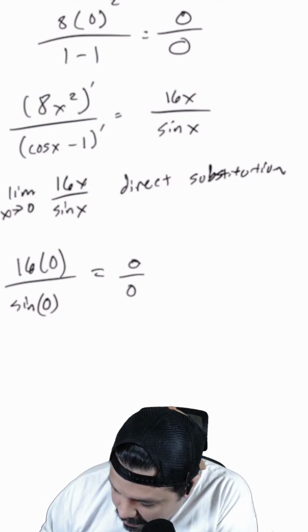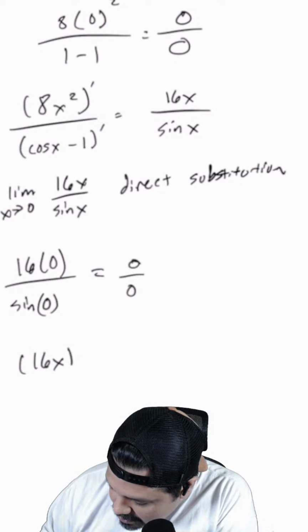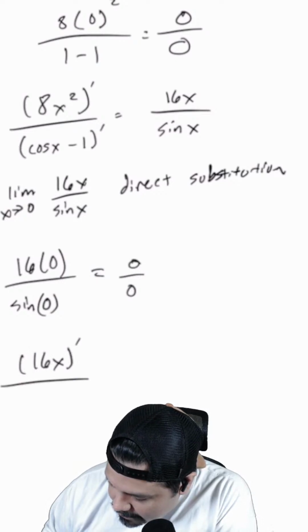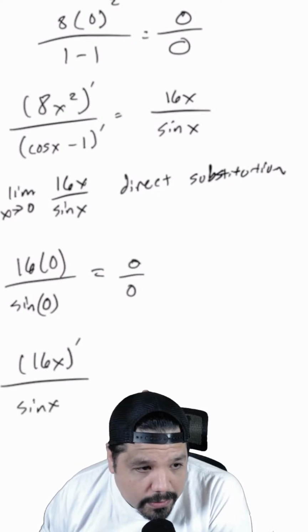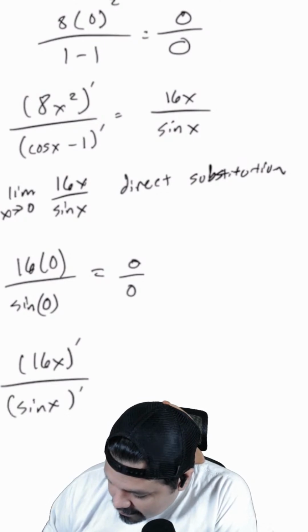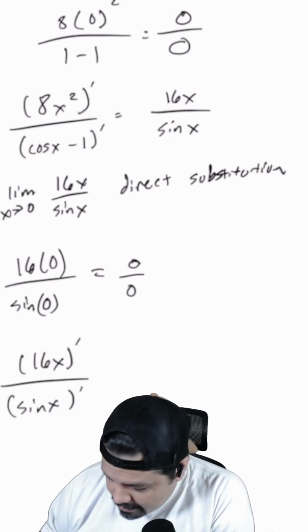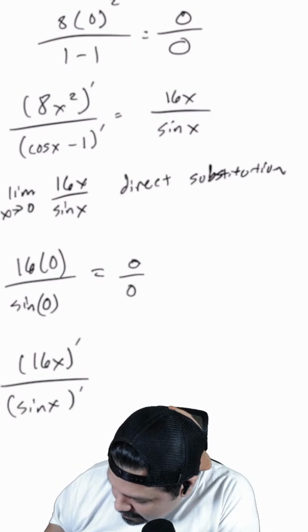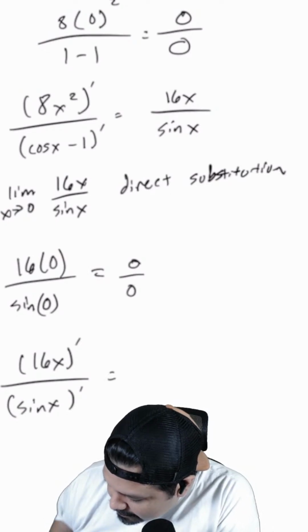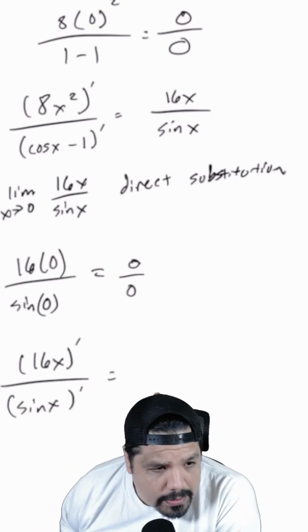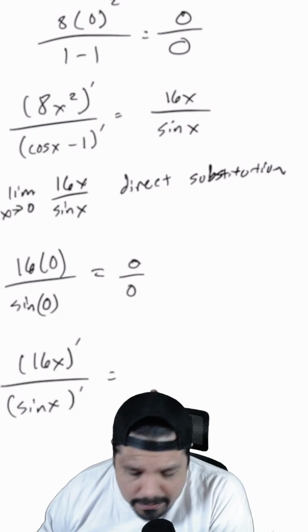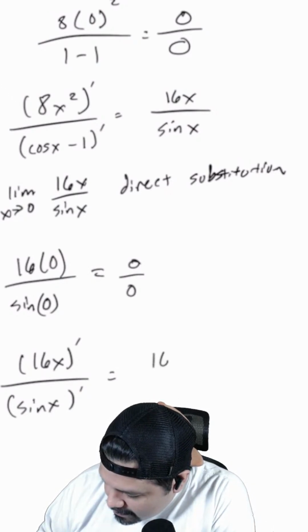We're going to take the derivative of 16x, and we're going to take the derivative of sine x. What does that give us? 16x becomes 16, doesn't it? Oh yeah.